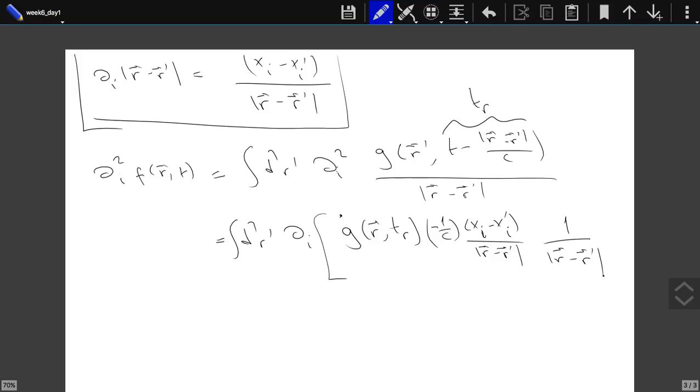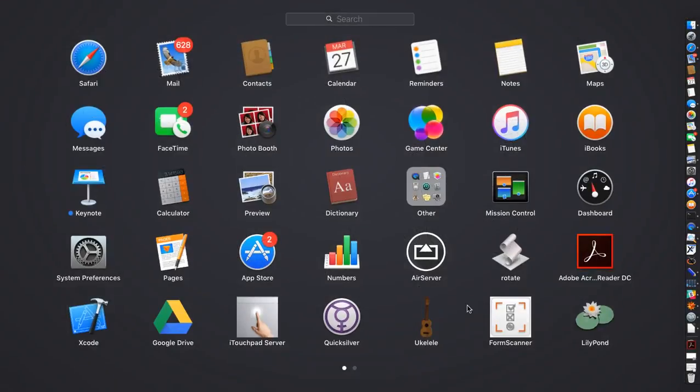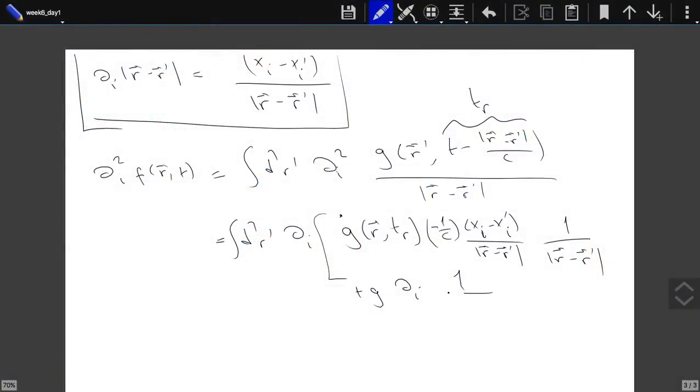So this is the derivative of g, all of this thing, multiplied by 1 over the magnitude of r minus r prime. Now I will take g multiplied with the derivative of 1 over the magnitude of r minus r prime, plus g times del i of 1 over the magnitude of r minus r prime. Well, this was the first step. Now I need to take its derivative once more.